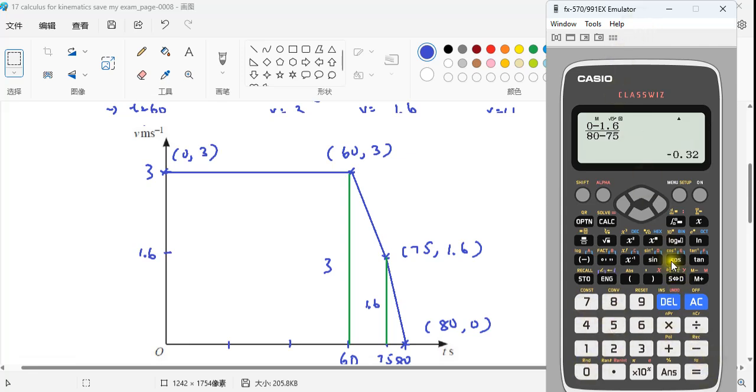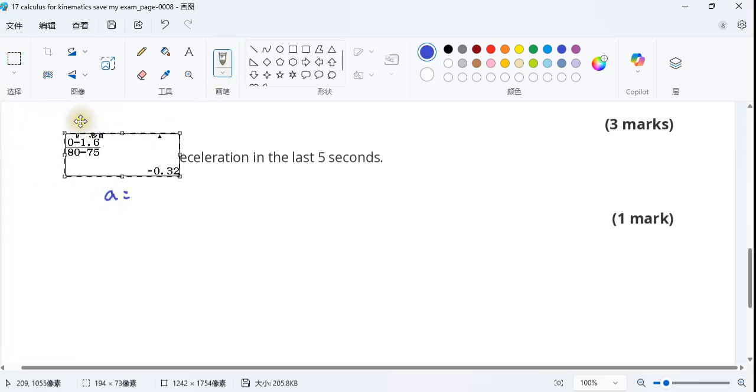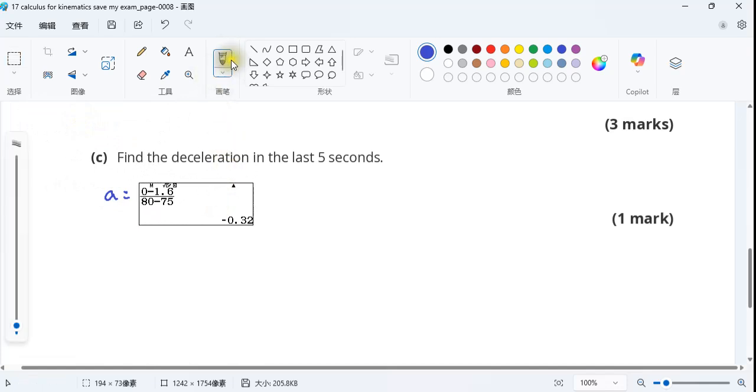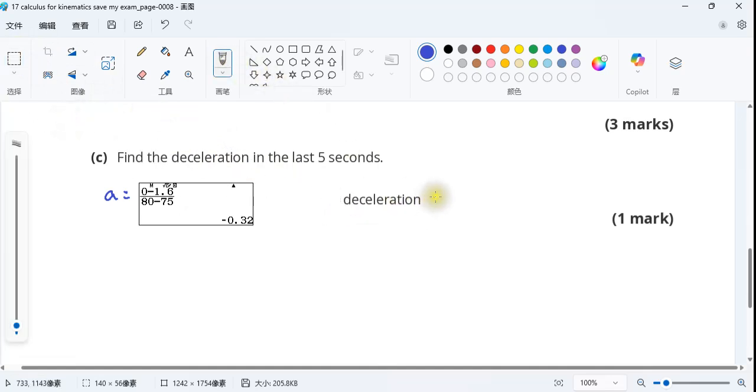So we know that the acceleration will be the gradient, so the deceleration is 0.32 meter per second squared.